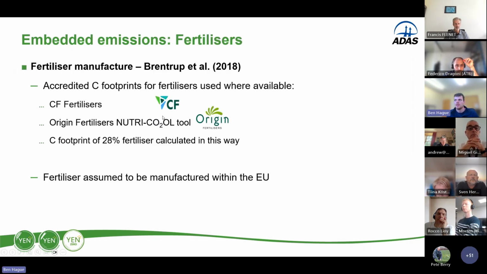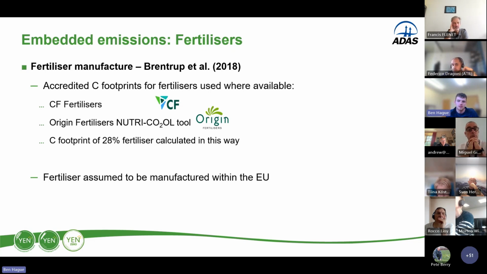So moving on to how we calculate the carbon footprint of different sources. Here's one example, which is our fertilizer. For some fertilizers, we have independently accredited carbon footprints. A couple of examples here are CF Fertilisers and also Origin fertilizers. For these fertilizers, we have established carbon footprints for how they were manufactured, and we calculate 28% of our fertilizer in this way.